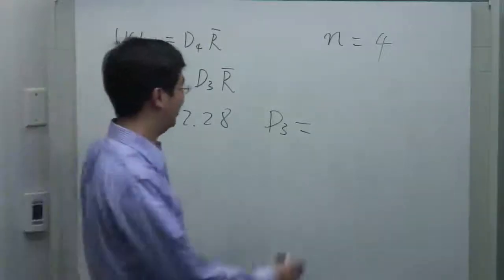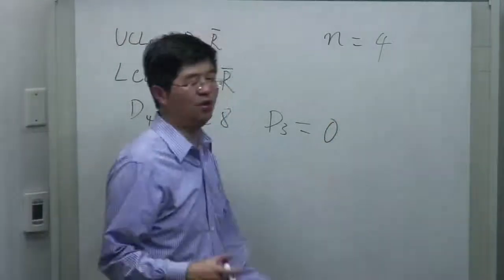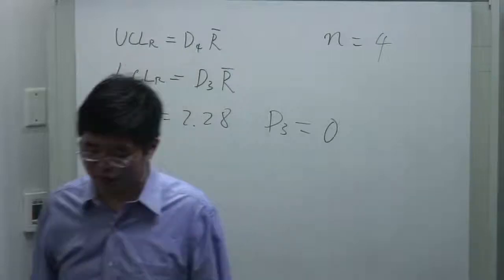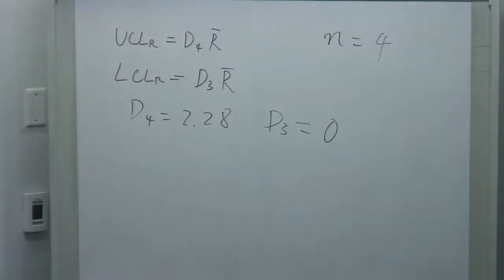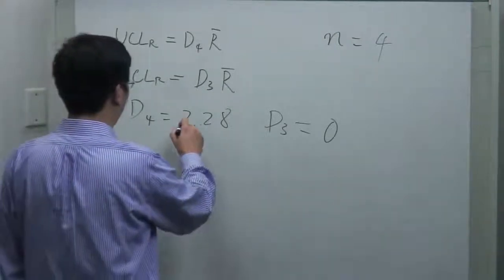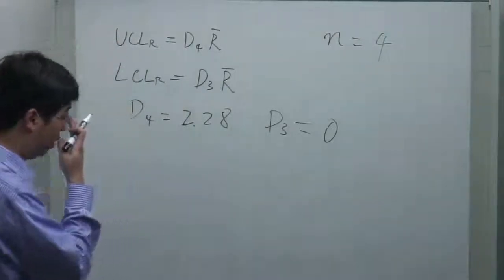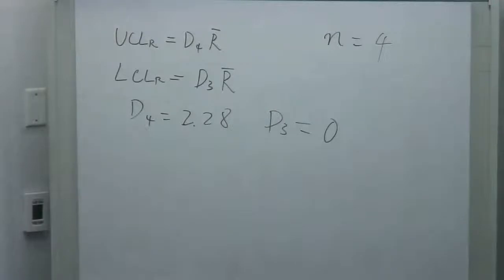0. Okay. You can practice later when you come home and find a textbook. Let me tell you this way. D4 is equal to 2.28, D3 equals 0, for n equal to 4. Now, you have to finish this problem: how to build the control limits.